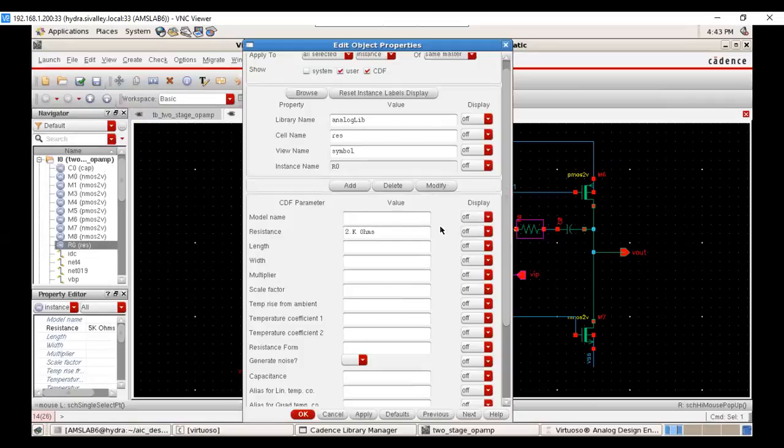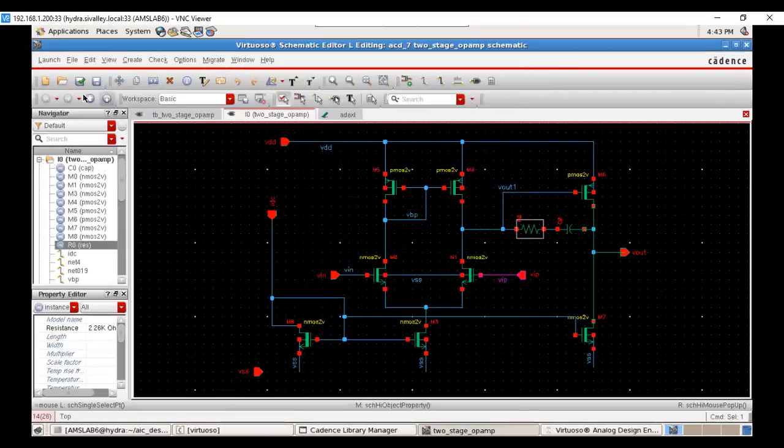So 2.26K. Okay. Correct, right? We have designed that for 3 picofarad, right? Not 1 picofarad as a compensation capacitor. Is that right? Yes, it is 3 picofarad. I don't know how it became 1 picofarad there in the simulation.